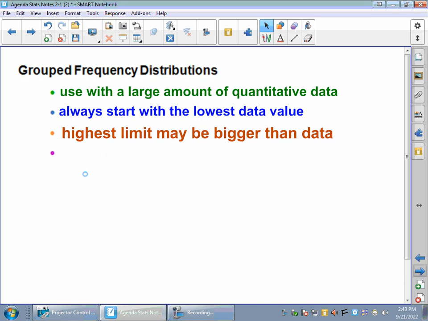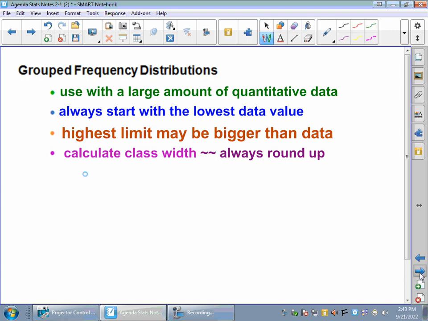We have to do a calculation to start off with. We have to find our class width. I'm going to say this probably 4 times. When you find your class width, you always round up. Even if it comes out to like 6.002, you always round up to the 7. So always round up.